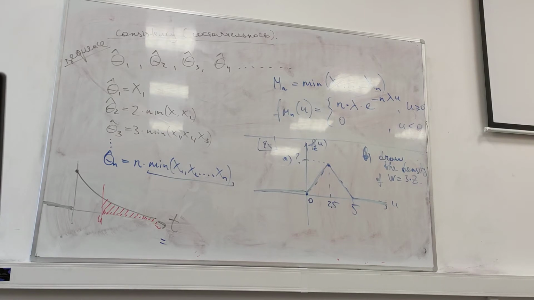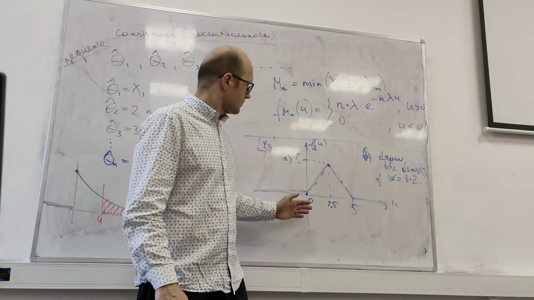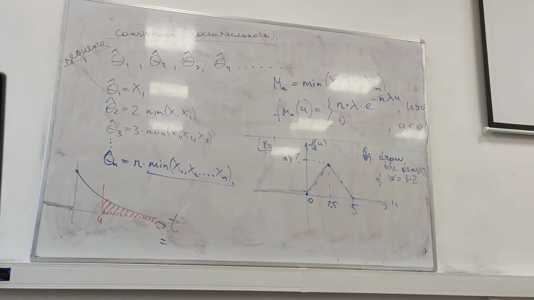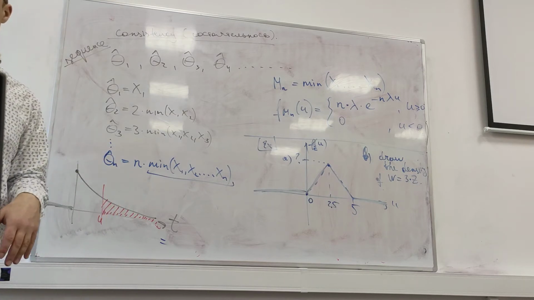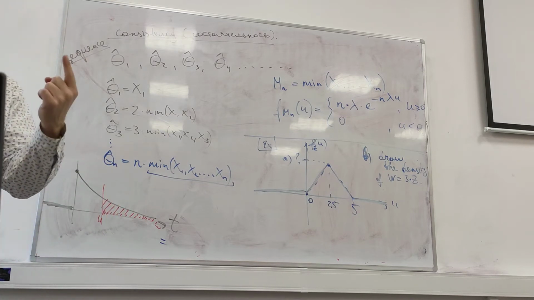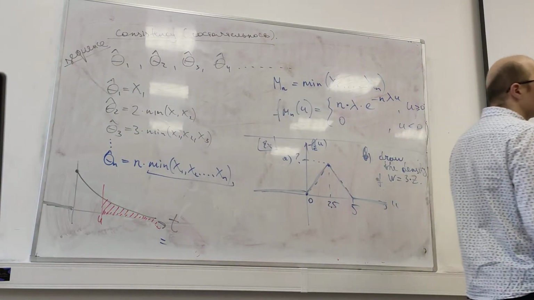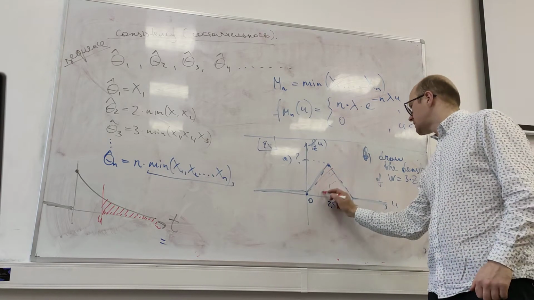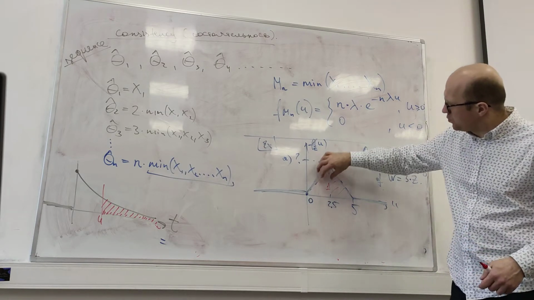So first question, what are the basic properties of a density function? What is the total area under any density function? It's always 1. The total area under any density function should be 1. So we know that this area is 1. But I have two triangles.